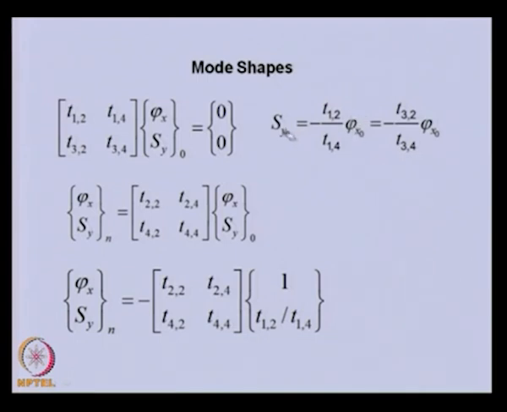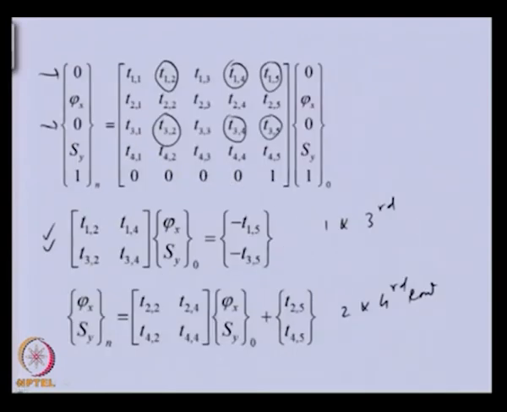Here we have related the state vector at the 0 station, there is shear force with the angular displacement. Now, this is the second set of equations which we obtained, this one.